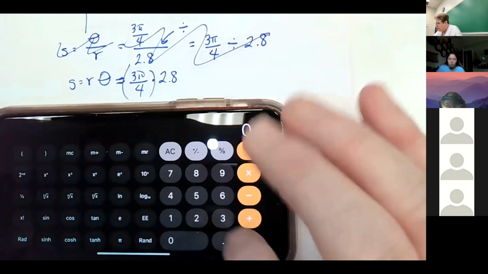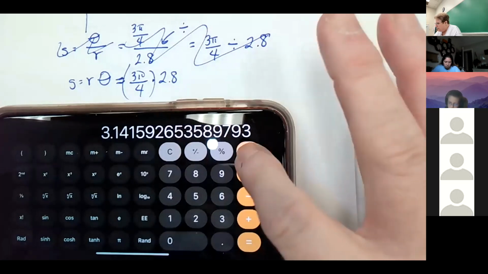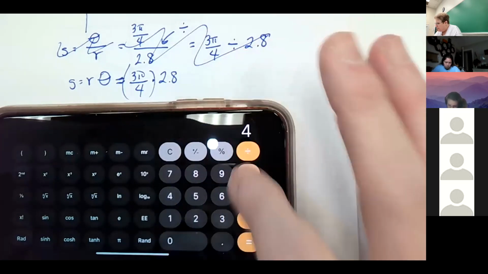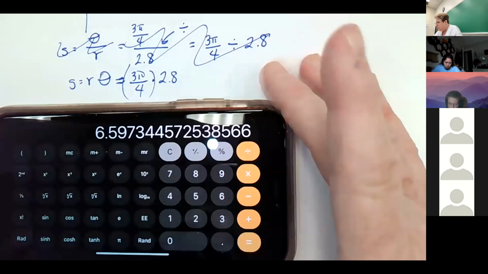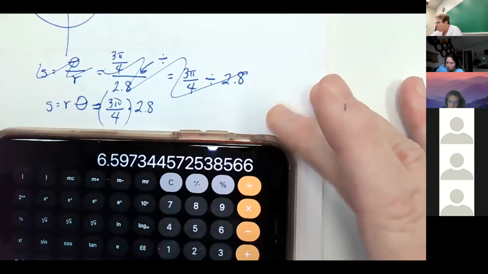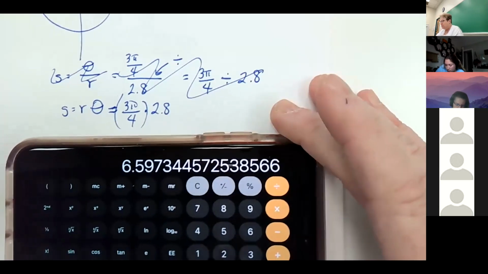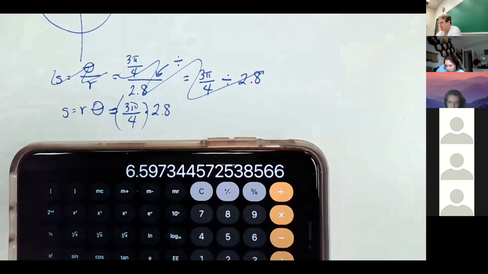So we've got 3 times pi divided by 4 times 2.8. We want the answer to be accurate to one decimal place. So what is the value of S? Good.